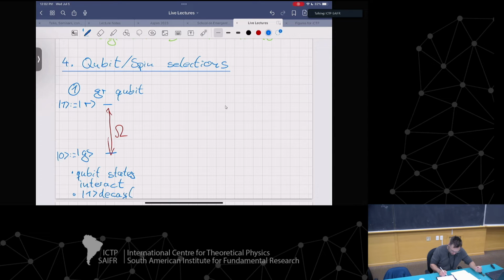It's not a ginormous disadvantage. It maybe decays on the order of 100 microseconds. Because the dynamics, as we've seen, is megahertz in 100 microseconds, you can do a lot of cool physics. So this is a very typical choice if you want to simulate spin models or something like that. Then there's a 2, and by convention people call this the ground qubit.